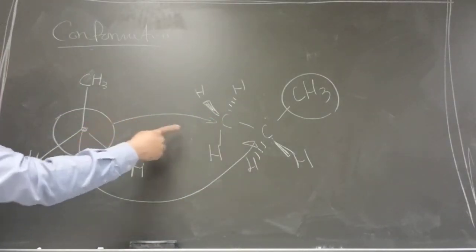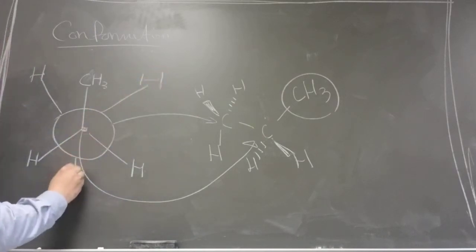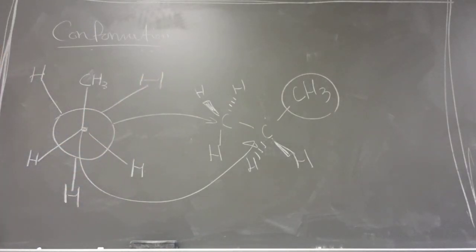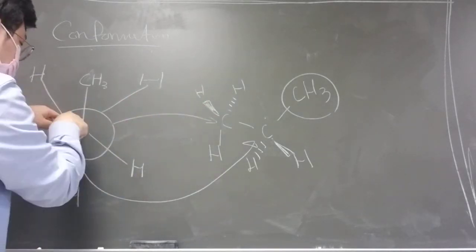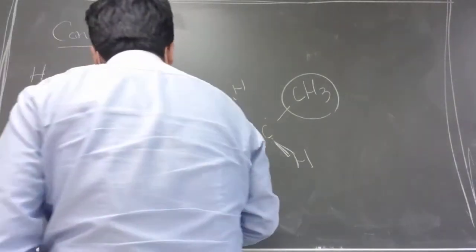This carbon has this way, right? So this is also a staggered conformation. As you can see, they're all nicely spread on this face of the compound if you look at the compound head on. So this is pretty nice.